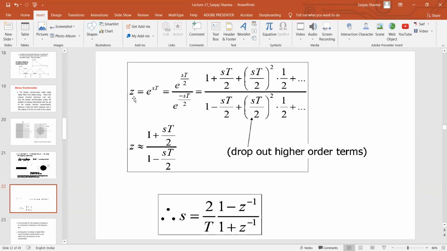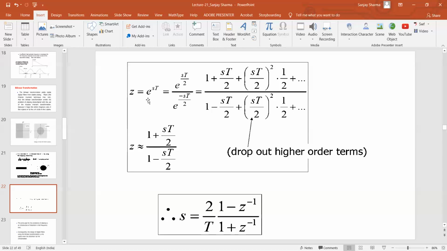Now this is a general expression, z equal to e to the power s capital T. This is the general relationship between the z transform and the Laplace transform. s is used in the Laplace transform and z in the z transform.